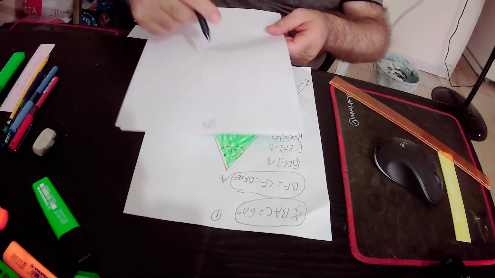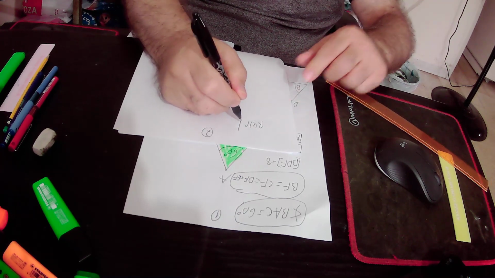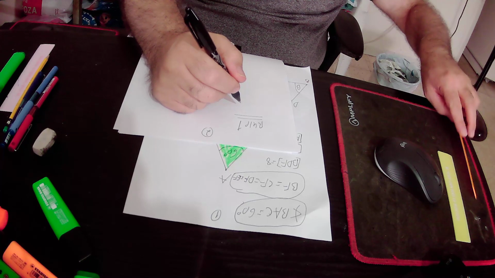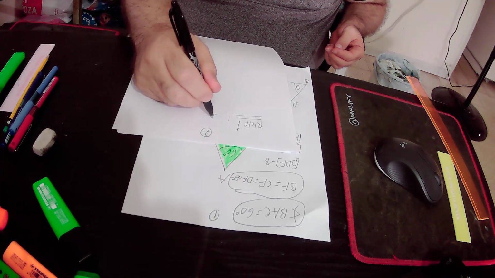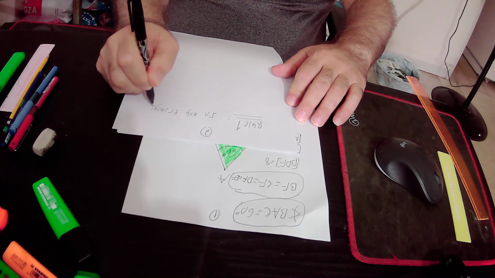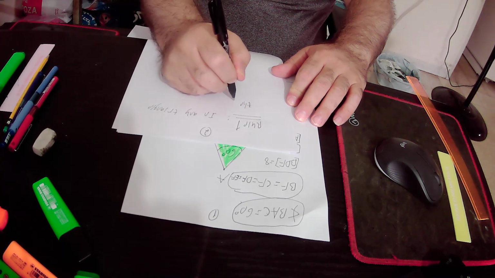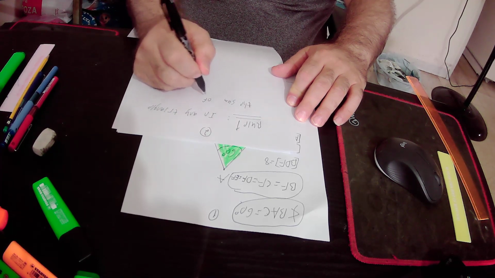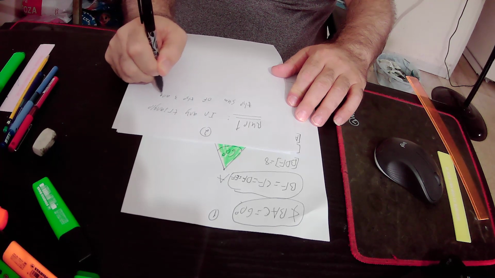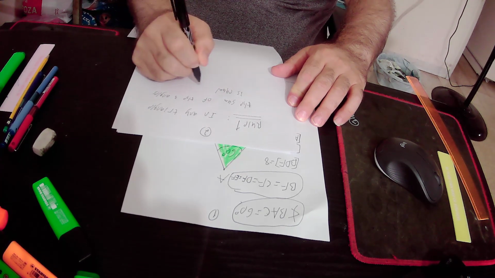Okay, so rule number 1 states that in any triangle the sum of the three angles is equal to 180 degrees.